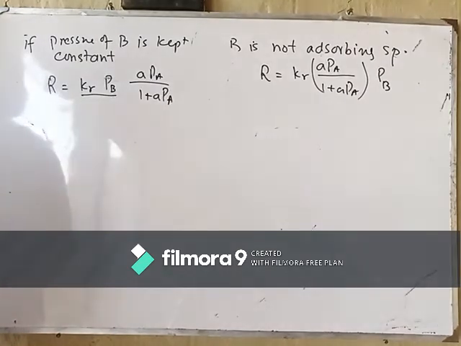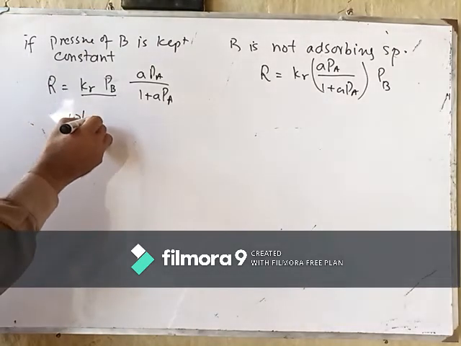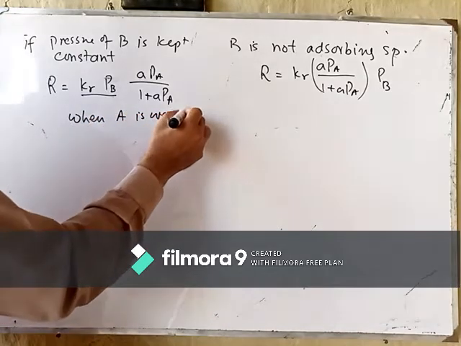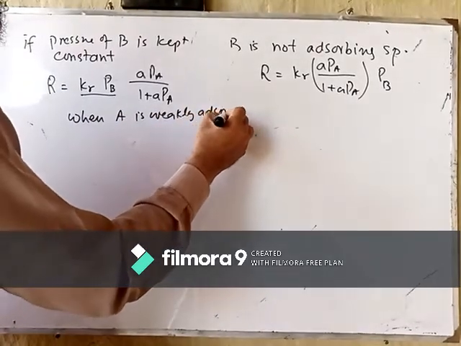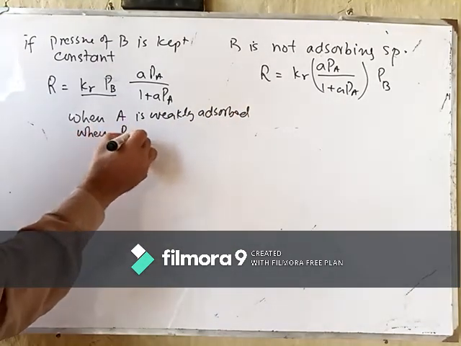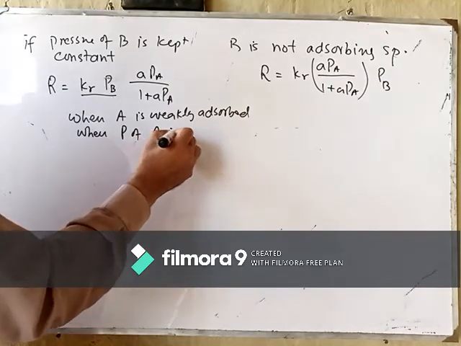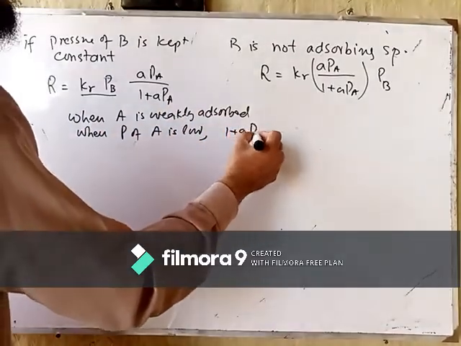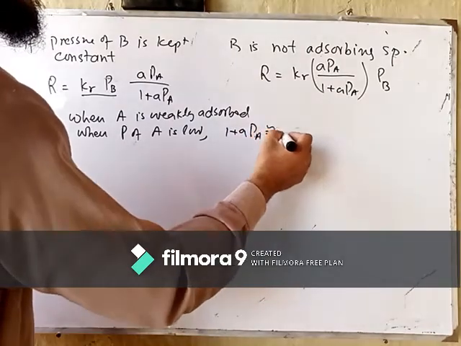So when A is weakly adsorbed, or when pressure of A is low, then 1 plus APA will be equal to 1.